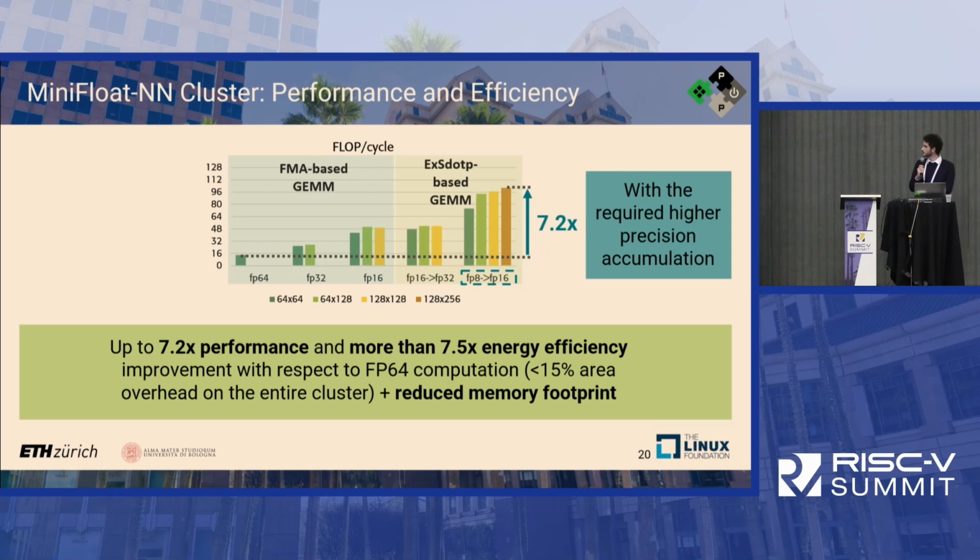All this came at the cost of only 15% of area overhead, and also allowed us to take advantage of the reduced memory footprint. Again, the 7.2 speedup might have also been achieved with FMA, but in that case we would have had the larger accumulation precision. And since we have very few bits, in that case our kernel might not even have been useful because of the very low precision that we would have there.